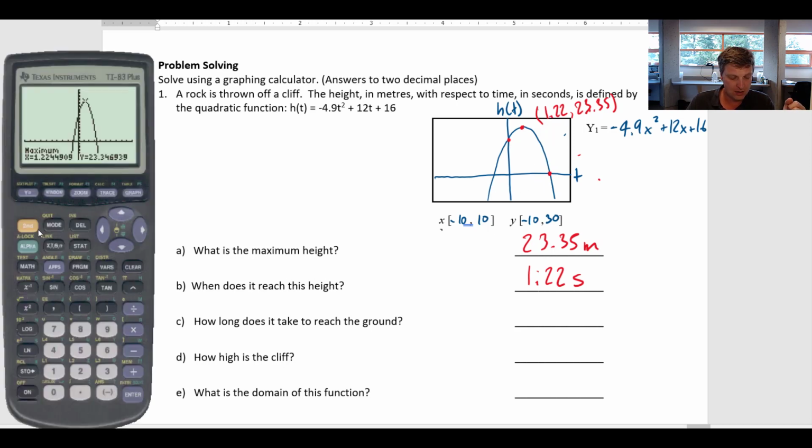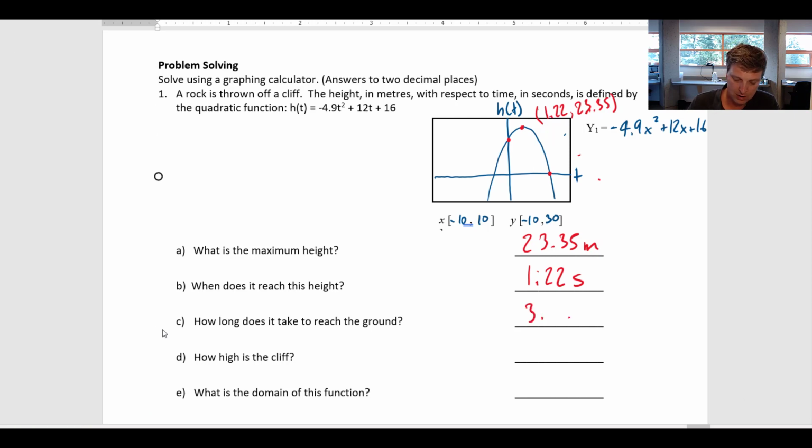So if I go back to my graph here and go to my Calc menu, and I find a 0, I'm going to navigate over to this 0 over here, and I'm going to do the left bound and then the right bound, and hit enter, and it returns a 0 of 3.40, let's say. So 3.40 seconds is when that's going to hit the ground.